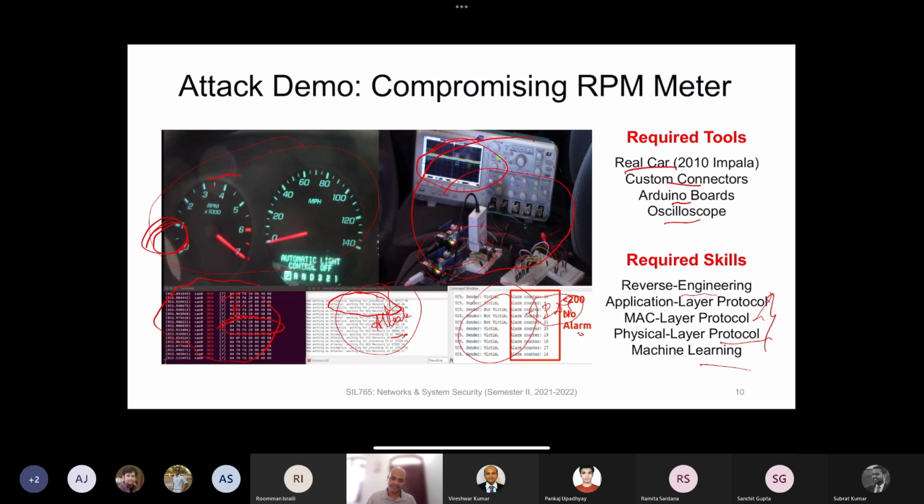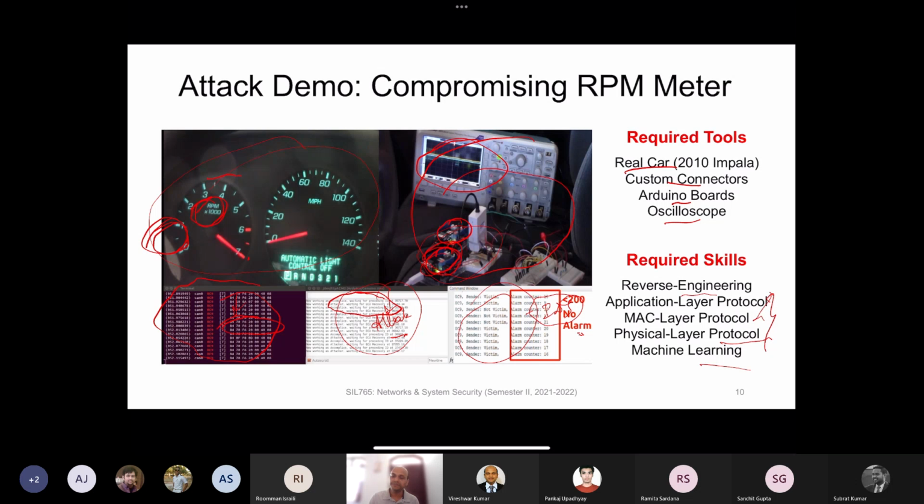The attacker in this case has these Arduino boards which are connected to the bus. These Arduino boards are sending messages corresponding to the RPM meter, and the RPM meter is taking these packets. If there was some digital signature or message authentication codes, the RPM meter would not have processed the packets sent by these Arduino boards.